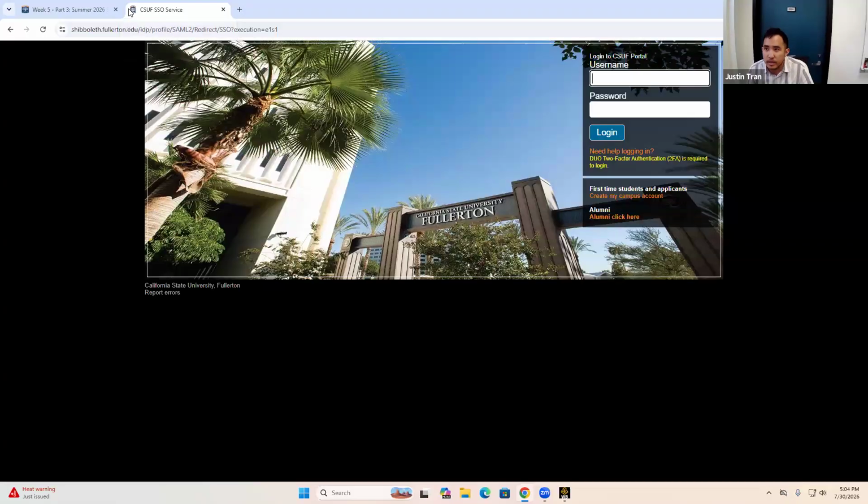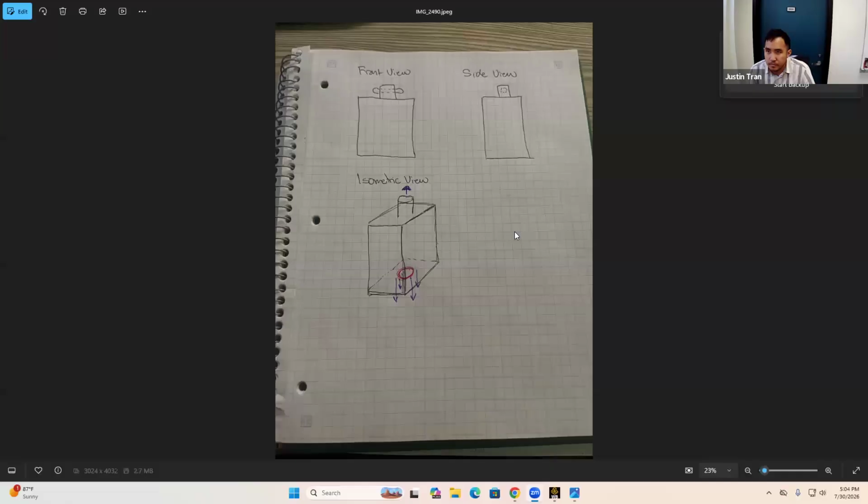Let me bring it up again. Okay, it looks like, for the most part, you're going to be supplying a tensile load, with load going up that way and load going down that way. So I think that works for one of your loading scenarios.